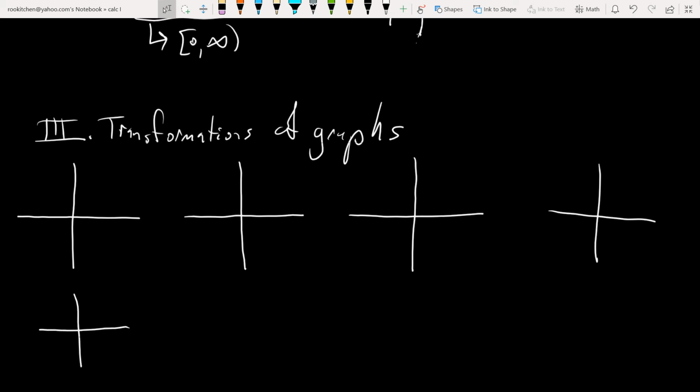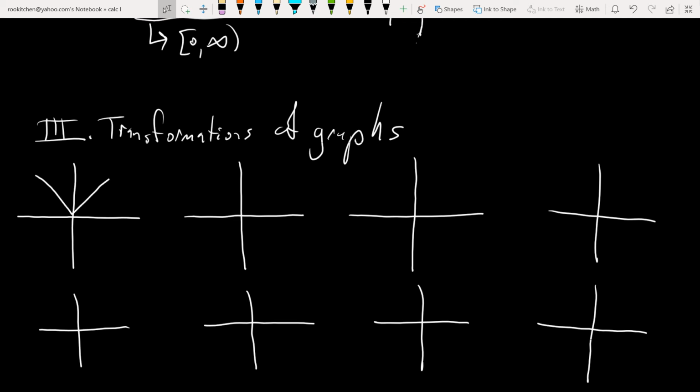And we'll have some rules that tell us how to move these graphs around in space, or in this case, the plane. The space is actually 3D. The plane is 2D. Okay, so 3 dimensions versus 2 dimensions. So anyways, what are some basic graphs? Well, obviously the equation of a line is there, but let's look at some other ones, right?